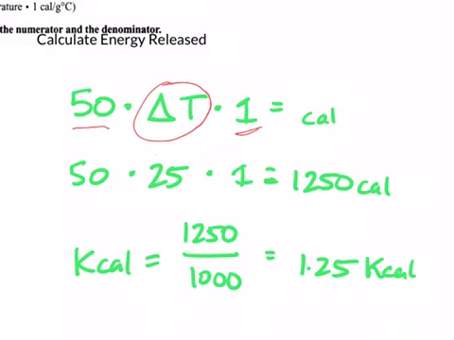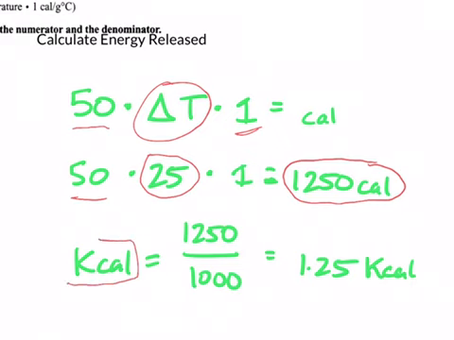In this case, if our change in temp is 25, we take 50 times 25 times 1, and we get 1,250 small calories. If we wanted to convert those, we could do that by taking our small calories and dividing by 1,000.